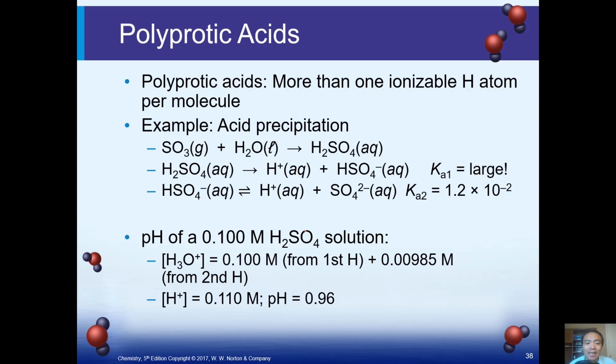For polyprotic acid, we realize the acid will ionize stepwise. For example, for sulfuric acid, step 1, it ionizes and deprotonates one H+. The first step, as we learned, is a strong acid. A strong acid usually, according to the theory, goes to the right side 100%.